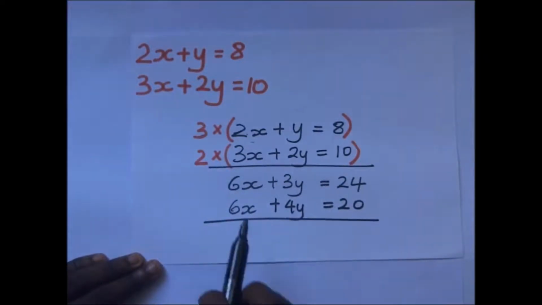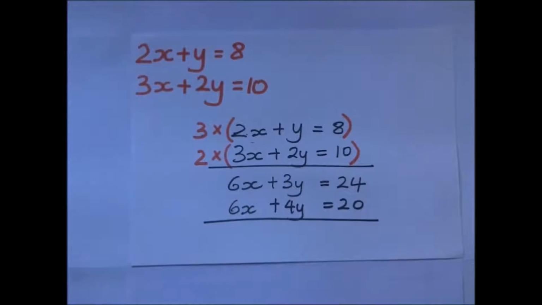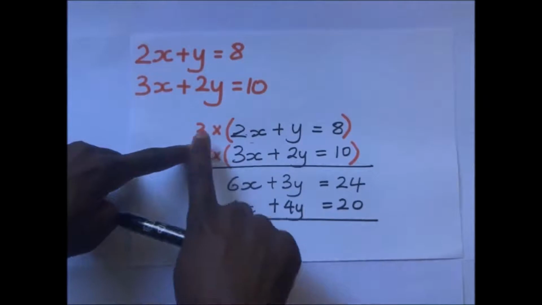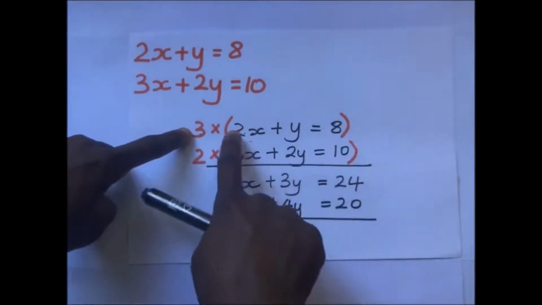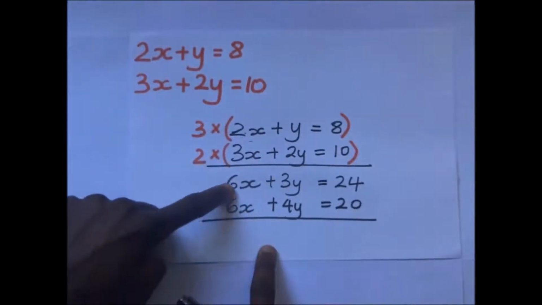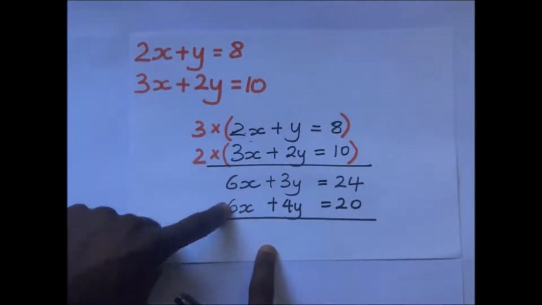Now if you realize that after our multiplication, when we interchange these coefficients like that, and we multiplied 3 throughout the first equation, and we got this 2 and multiplied it here throughout the second equation, you find that the coefficients of x here are now 6. This one is 6, this one is 6.